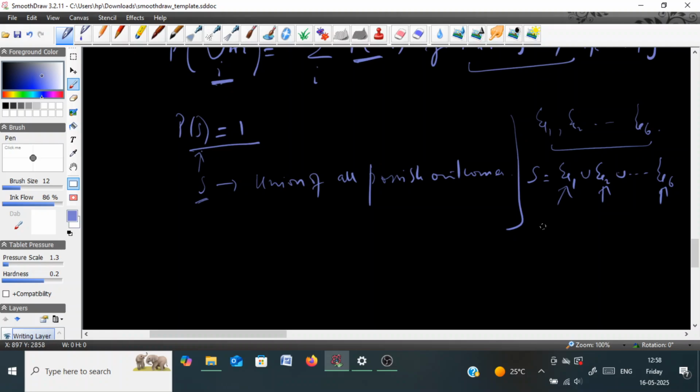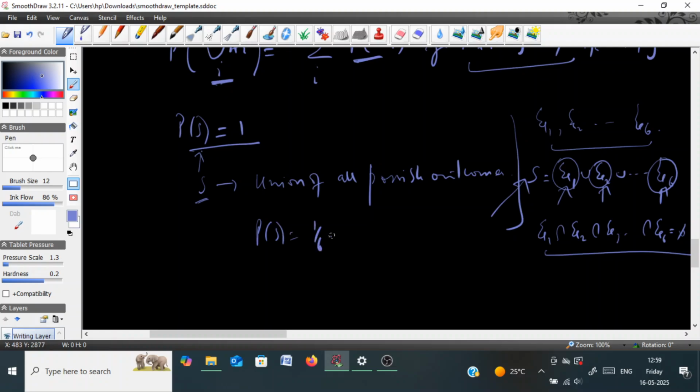So their intersection makes an empty set. So the probability of S is the probability of this plus the probability of this and so on up to the probability of this, and the probability of each elementary event in this case is 1 by 6. So the probability of the sample space will be 1 by 6 plus 1 by 6 plus so on up to 6 times 1 by 6, which makes it 1.